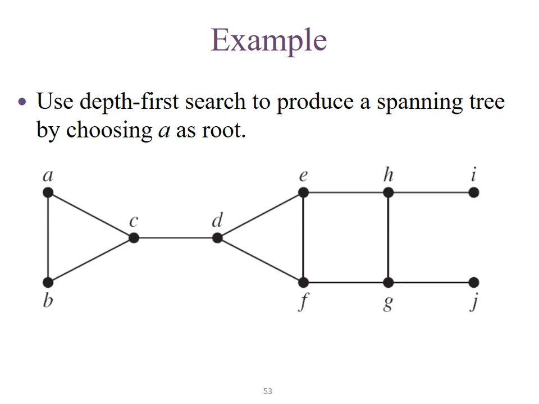So let's write down your answer for this example: apply depth first search to produce a spanning tree if we choose A as the root.